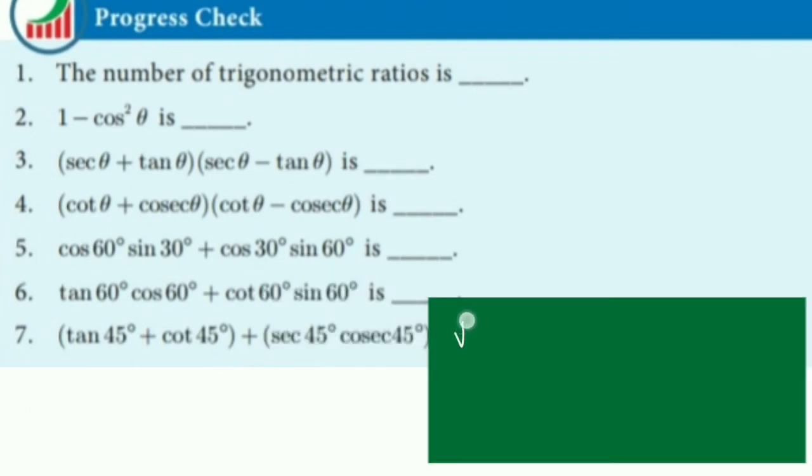Sixth one, tan 60 degrees is root 3 into cos 60 degrees is 1 by 2 plus cot 60 is equal to tan 30 degrees. Cot 60 degrees is equal to 1 by root 3.